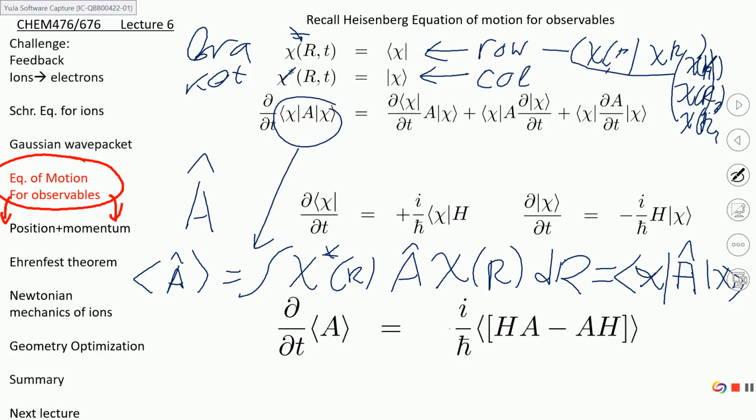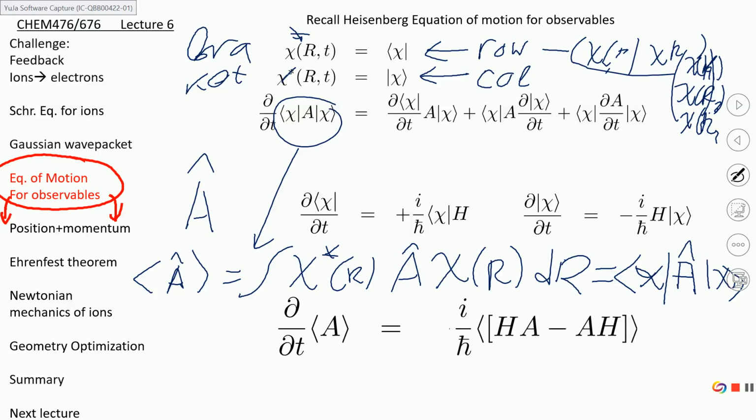So the time derivatives for the bra and ket are slightly different. For the ket, it is a regular time-dependent Schrödinger equation. Time derivative of a function equals minus i over h bar, Hamiltonian, wave function.